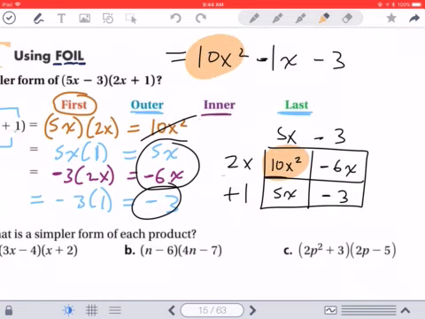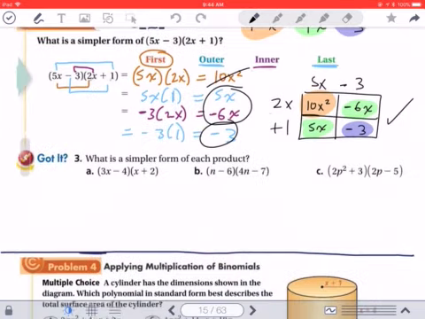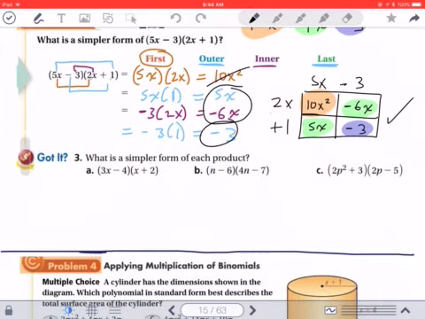That's where that comes from. I have 5x and negative 6x is negative 1x. And then I have negative 3 right there. That's where that negative 3 comes from. So whether you do FOIL or the box method, you're going to get the same thing. All right, go ahead and pause the video. Try these 3 and see what you get. This will be our last ones for 8-3.